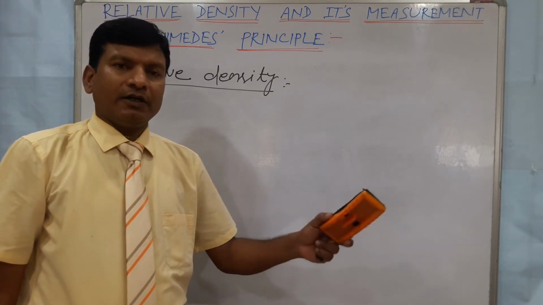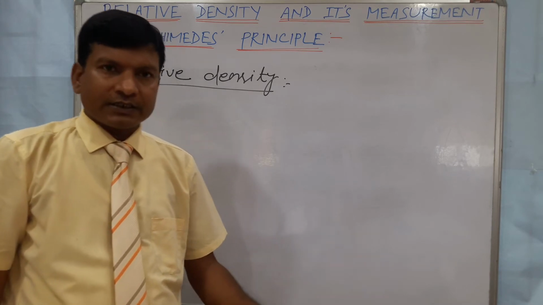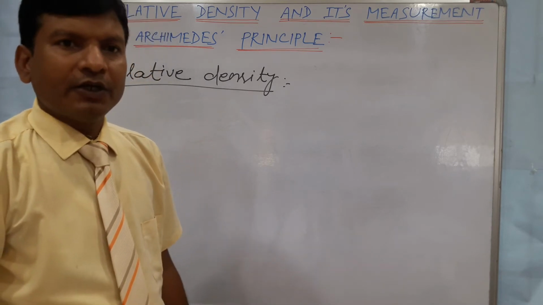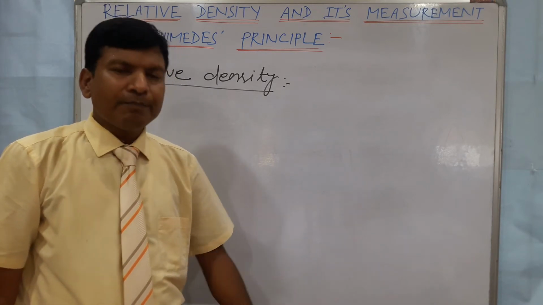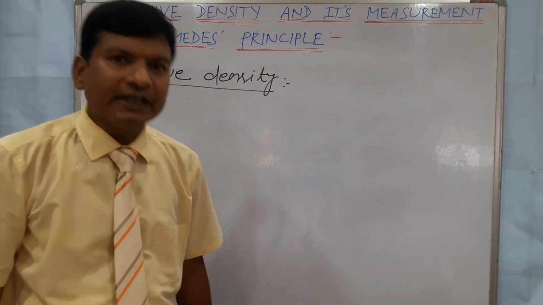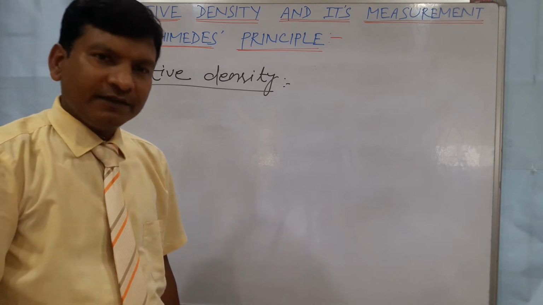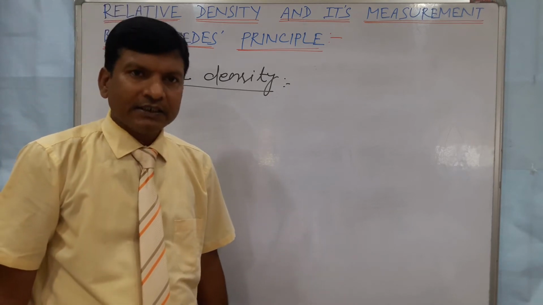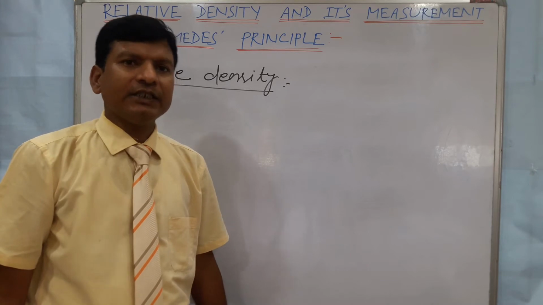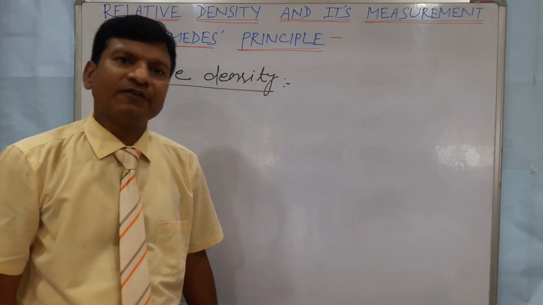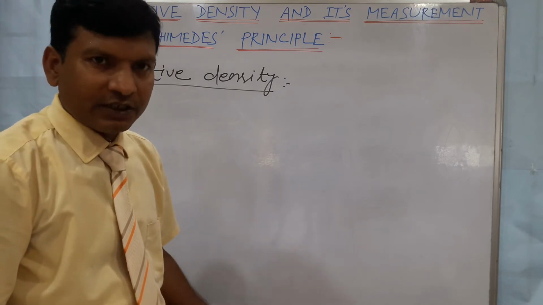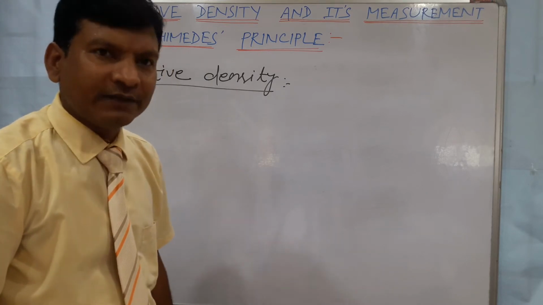That means the density of the substance can be compared with the density of water at 4 degrees Celsius, and this comparison is the relative density. So relative density is defined as the ratio of the density of the substance to the density of water at 4 degrees Celsius.